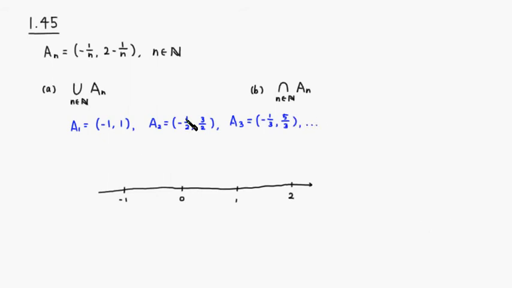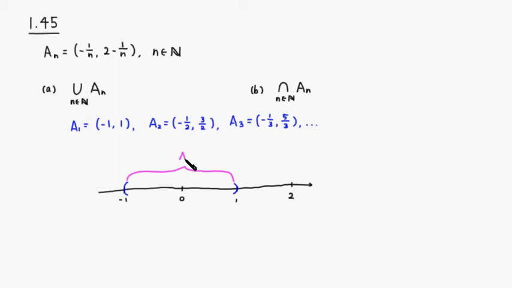Let's draw these. For negative 1 to 1, it's an open interval, so I'm going to put the open interval for negative 1 to 1. This is our A1.